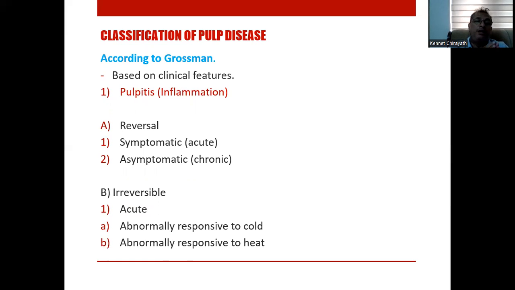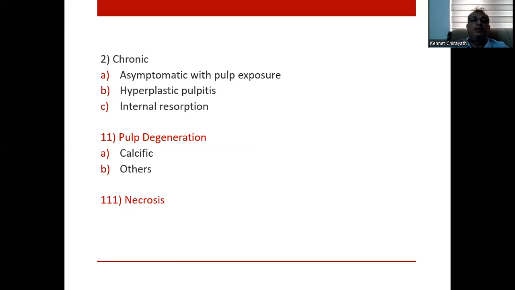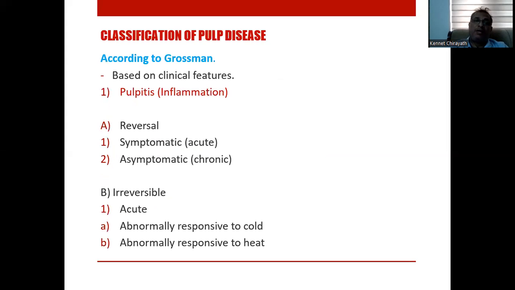Irreversible acute means abnormal response to cold and to heat, and chronic is asymptomatic with pulpal exposure, hyperplastic pulpitis, and internal resorption. Then comes pulp degeneration, calcific and others, and necrosis. These are the classification of pulpal disease.